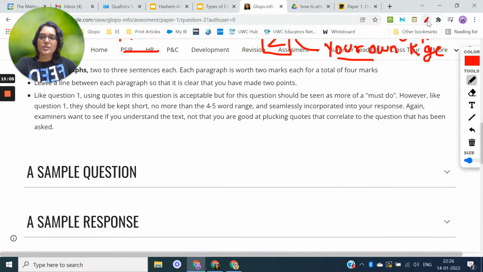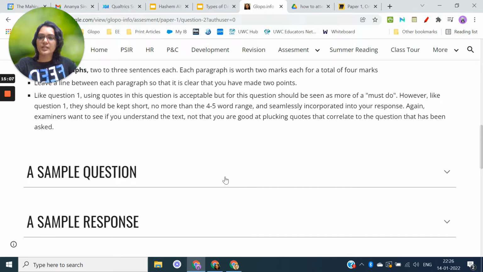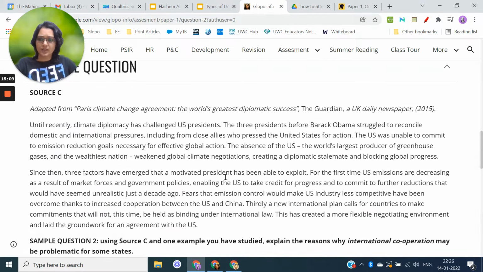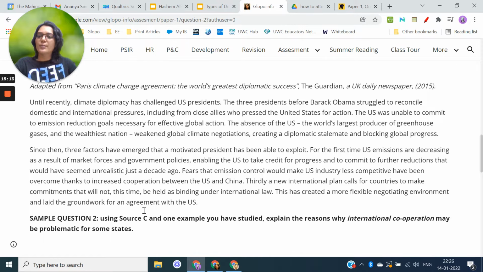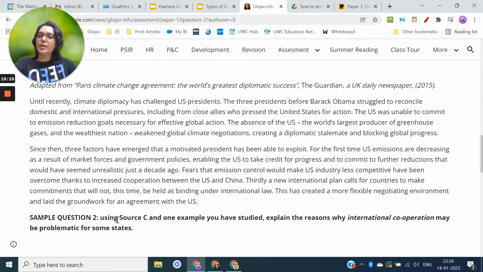Now I move to the sample question, and here we see in the sample question, this is the source C which is given to you, because the question is asking you question number 2, but it's asking about the source C. Remember, not necessarily that the questions are connected to the sources.